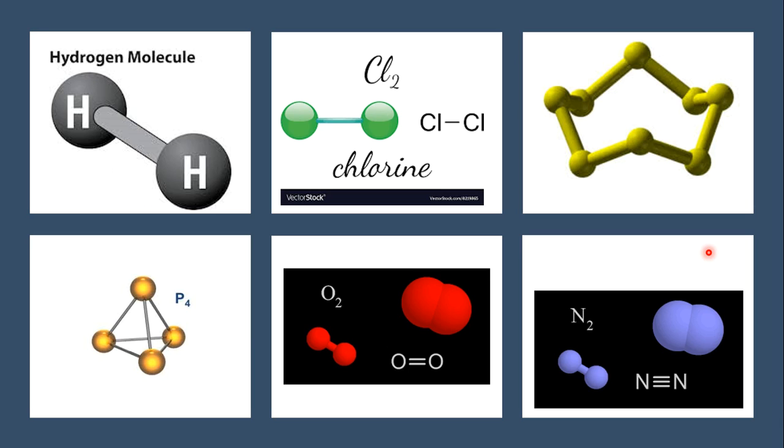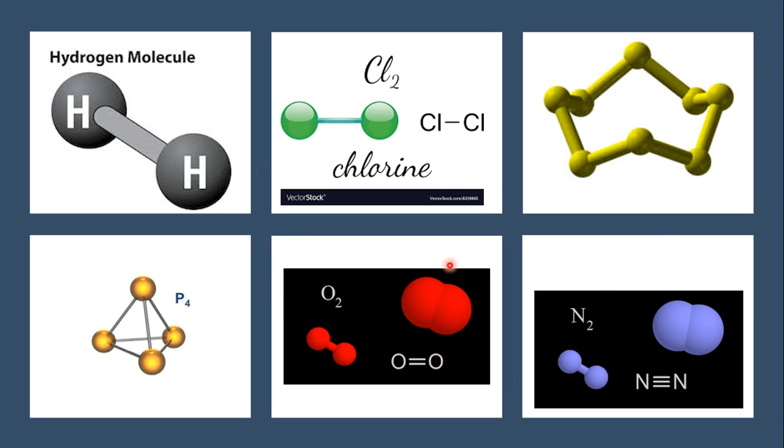Now let's look at molecular elements. Molecular elements are clusters of two or more atoms bonded closely together. Most non-metallic elements are made up of molecules. For example, N2, right? So nitrogen, N2. Now oxygen, right guys? Oxygen's O2.